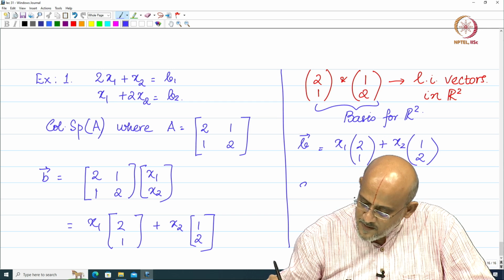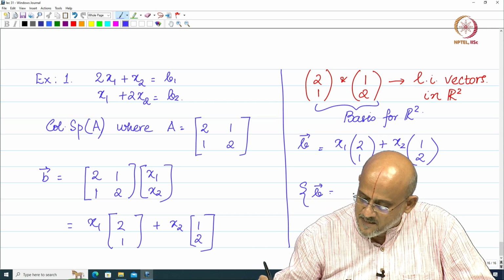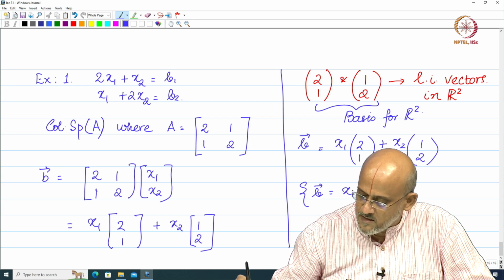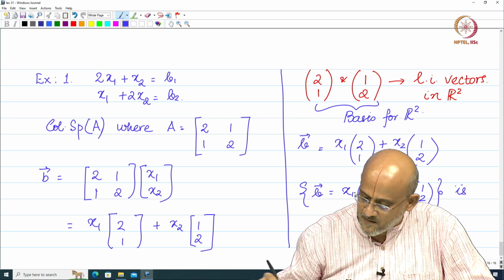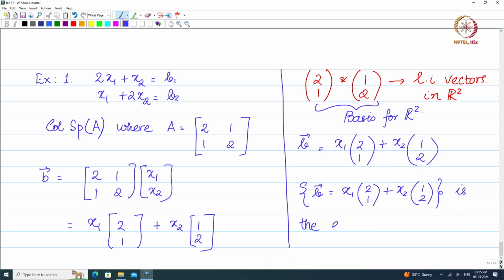Therefore, the set of b vectors which can be expressed as x1 times (2,1) plus x2 times (1,2) is basically the entire R2, and we know that R2 is a vector space. Therefore, the column space of A in this case is basically the entire R2, right.